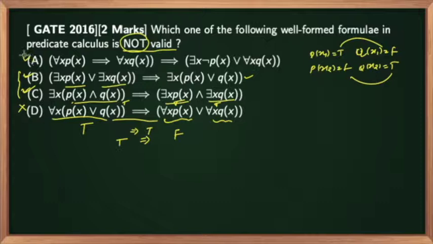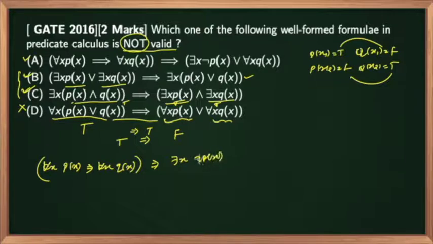Now let's see the choice A. It says for all x P of x implies for all x Q of x, right? If this is true, then there exists an x not P of x or for all x Q of x.